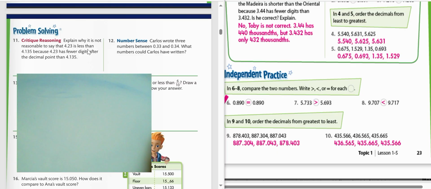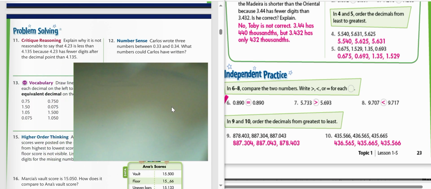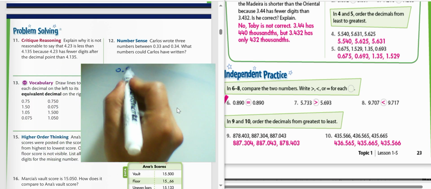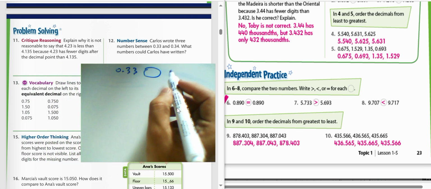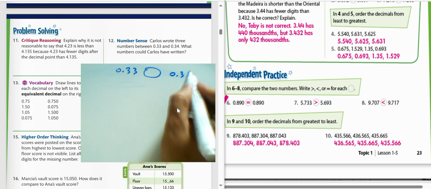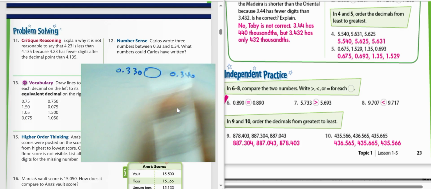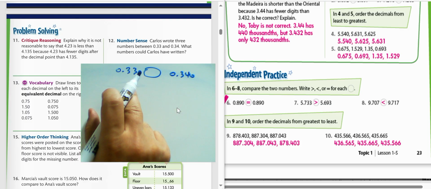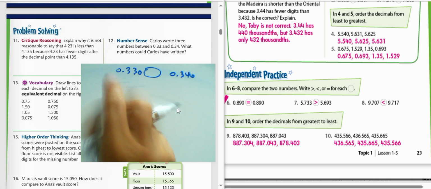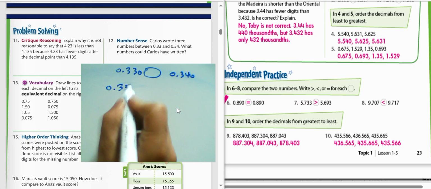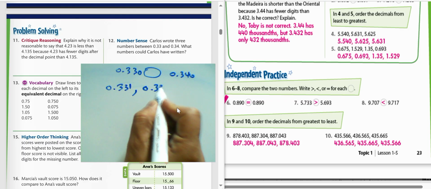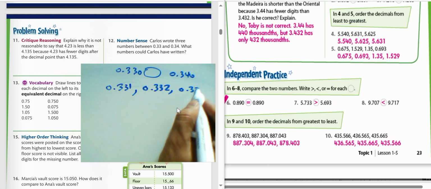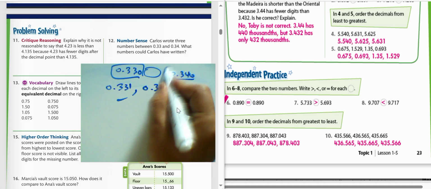Okay, and find 3 numbers between 0.3 and 0.4. We can put 0 here to make equal parts and then put 3 numbers after this: 0.31, 0.32, and 0.33. Okay, we have 3 numbers lying between 2 numbers.